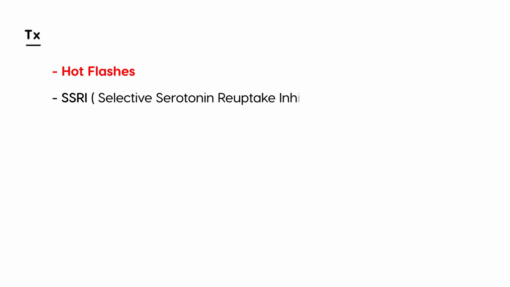Now, finally, we get into the treatment. The treatment really is directed toward managing the symptoms. So the first one, if you remember, the hot flashes, those are managed, and there's a few ways. The first way is, believe it or not, these medications that you remember, serotonin selective reuptake inhibitors. They are used to manage hot flashes. And there's a few that I'll list.